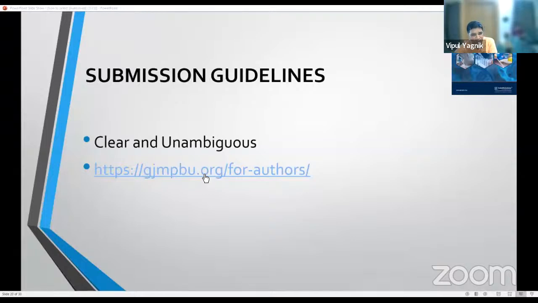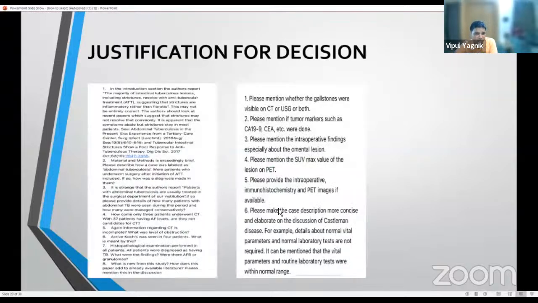Once you submit the article, what the editorial process is, how to organize your article, the study design, what reference style you should follow, what the figure and image quality should be, and how to submit the manuscript. Each and every detail is available on the website. Whether the journal charges for publication or not is clearly mentioned: the journal does not charge for submission and processing of the manuscript. So the journal should have a very clear and unambiguous guideline to qualify for quality.